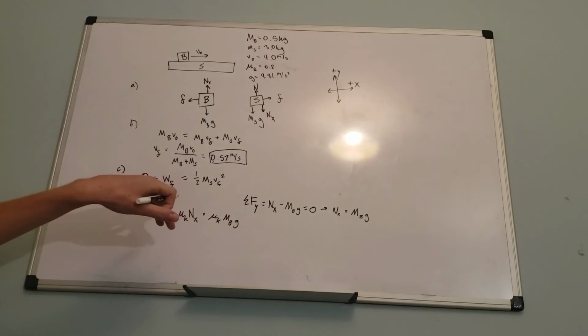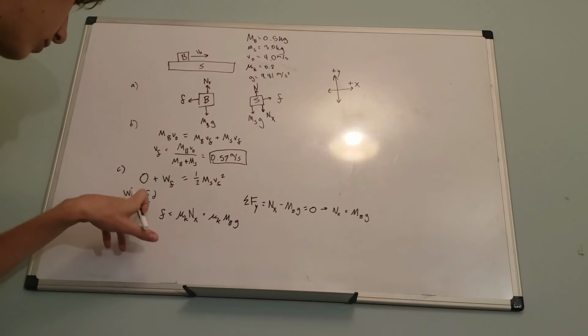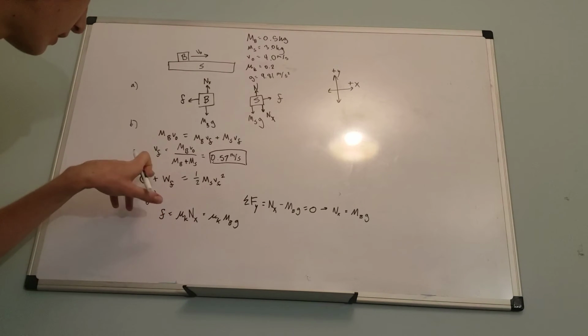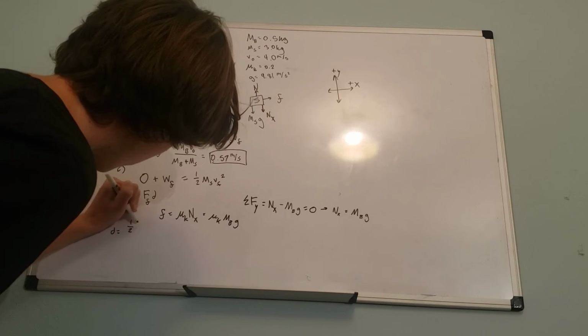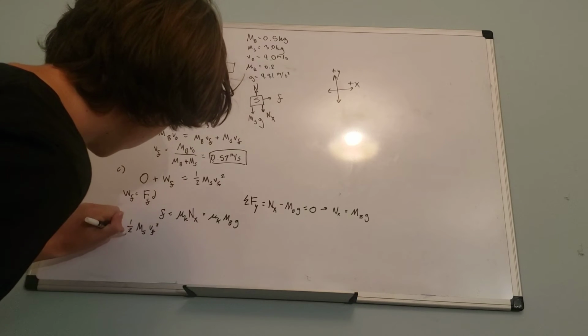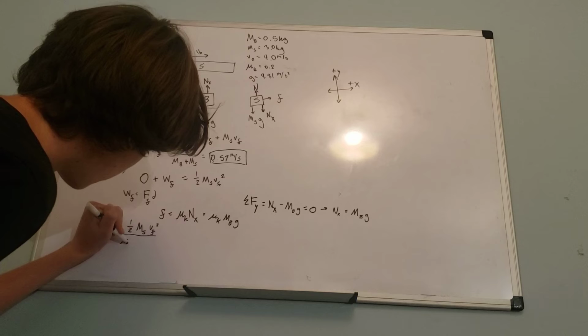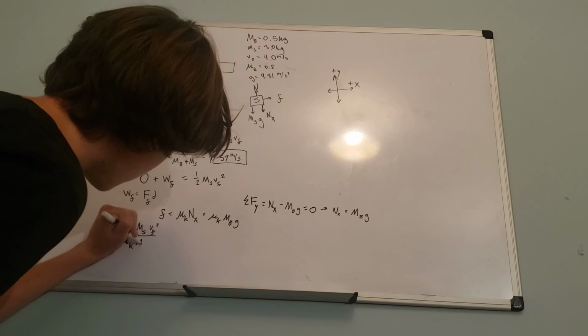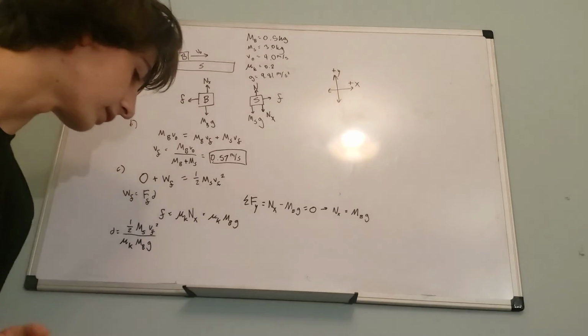And then, work equals force times distance. So if we plug that back in here, we can say distance is equal to 1/2 mass of the slab times final velocity squared, divided by the force, which is equal to mu k, mass of the block, gravitational constant. I'll just plug that into my calculator.